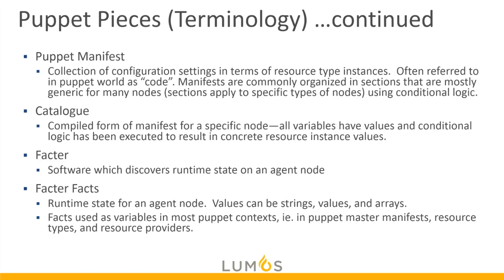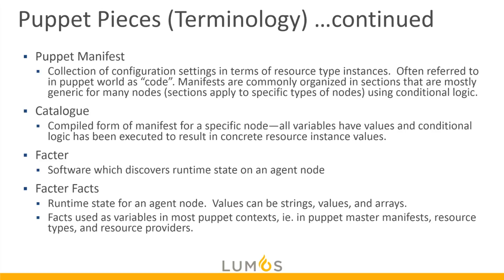So we also have a Puppet catalog, which is essentially a compiled form of the manifest or the code for a specific node. And here all the variables have values, and the conditional logic has been executed to result in what we call a concrete resource instance value. So then we also have something called Facter, which is basically software that discovers what the runtime state is on a various agent node.